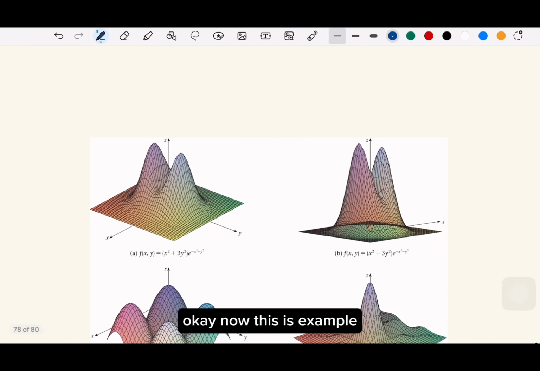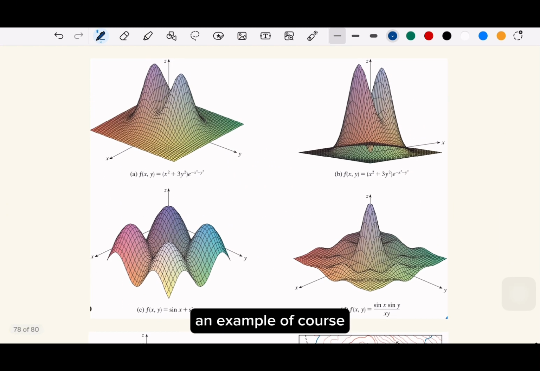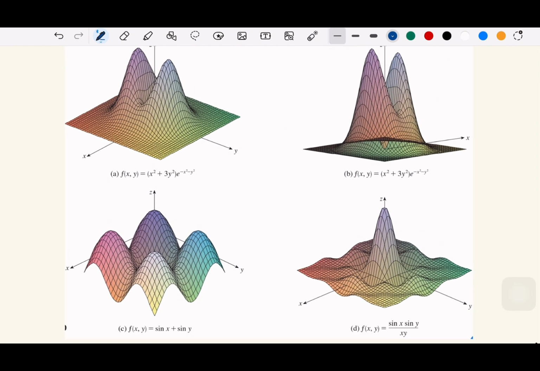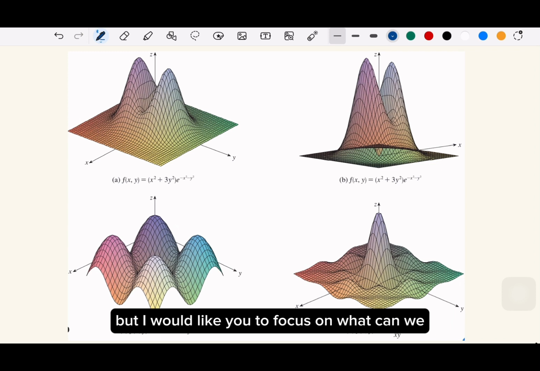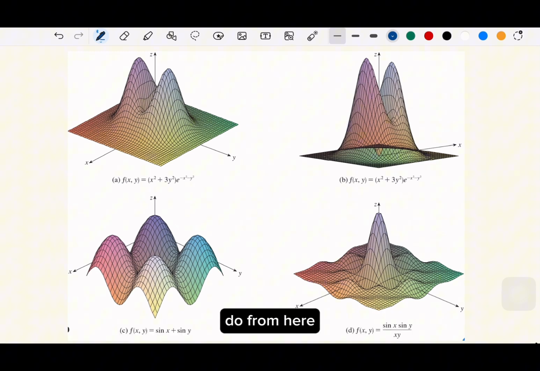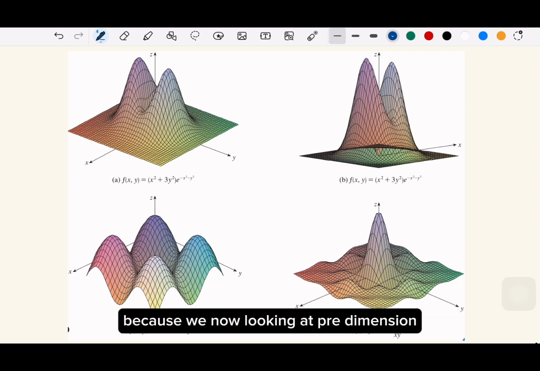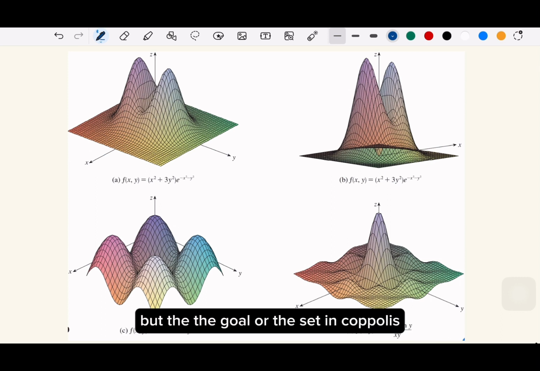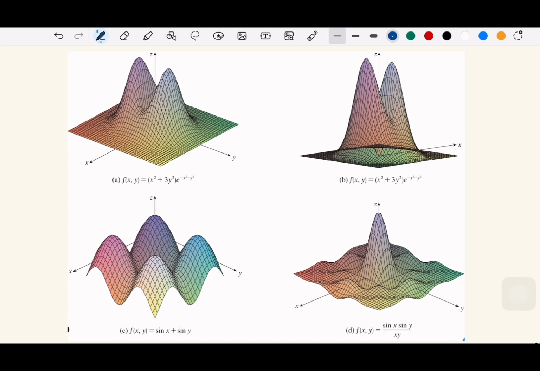Now this is the example, of course with a really interesting function, but I would like you to focus on what we can do from here. Because we are now looking at three dimensions, but the goal in calculus is practically similar.